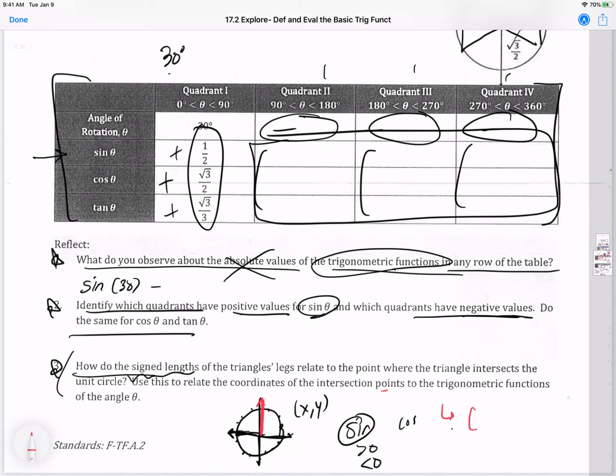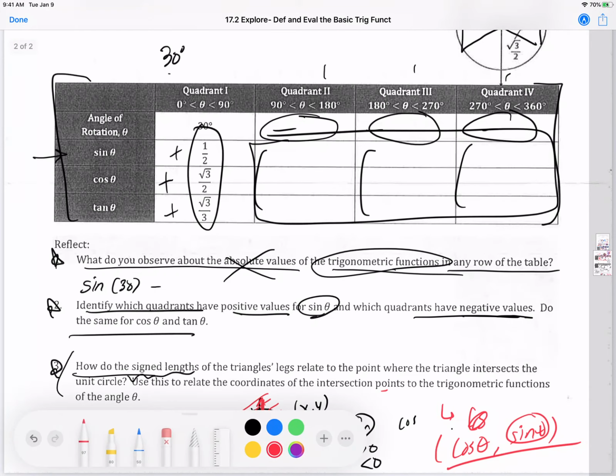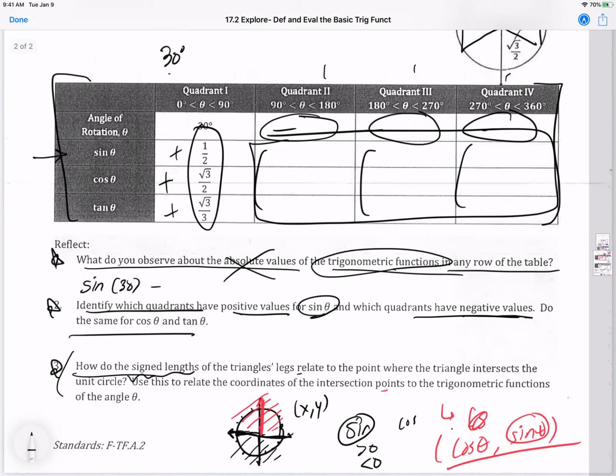So you know how y value is positive only up here, first and second quadrant, but y value is negative down here. So that's why in the first and second quadrant, sine is positive. But sine is negative on third and fourth quadrant because they're below 0. The y value is going to be negative.